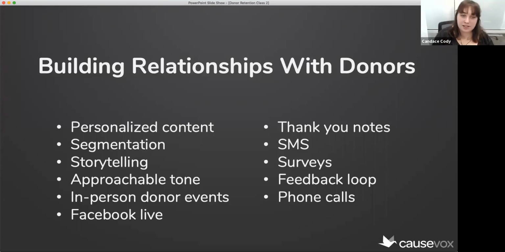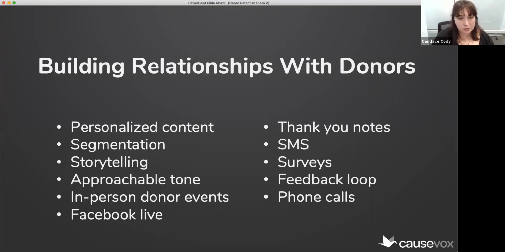Approachable tone. So this is again a little bit more squishy, but when we send out communications, for example, we have a really specific standard for the tone of all of our content that goes out. We want to be approachable. We don't want to come off as, you know, like we know better than anybody. And so we've really tried to craft our tone so that we're approachable at CauseVox when we speak to all of our nonprofits.